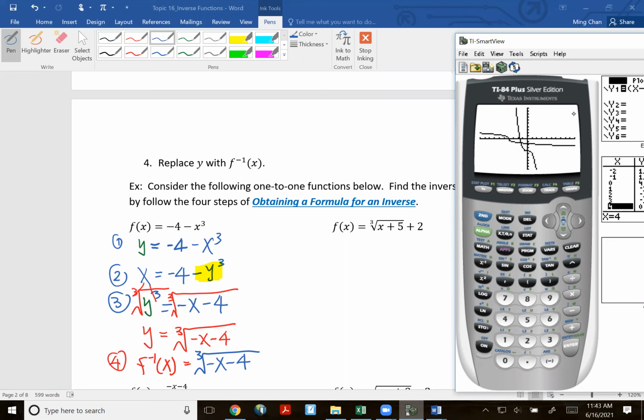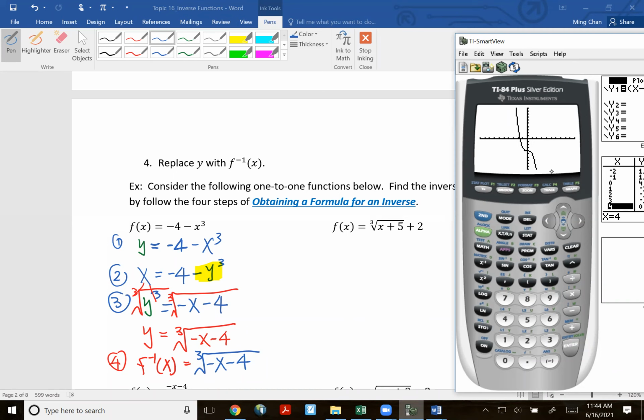When the thing on the side of the calculator disappears, that means the function is already graphed. Now I'm gonna go back to y equal, and I'm gonna clear out the second line. So this is the original one, right?